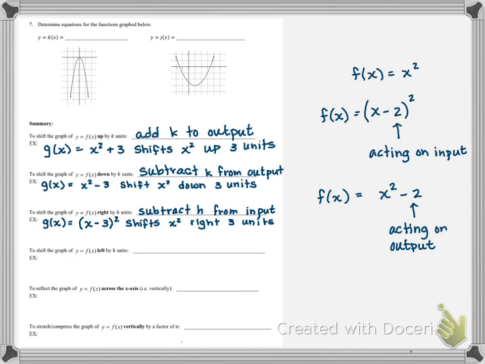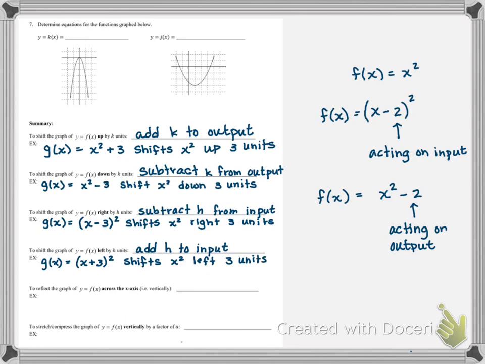And then to go left, I should do what? Yep, add to the input. So again, starting with your input, adding 3, and then squaring, we'll shift x squared left 3 units.